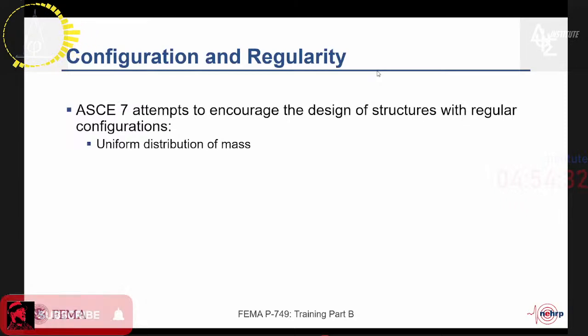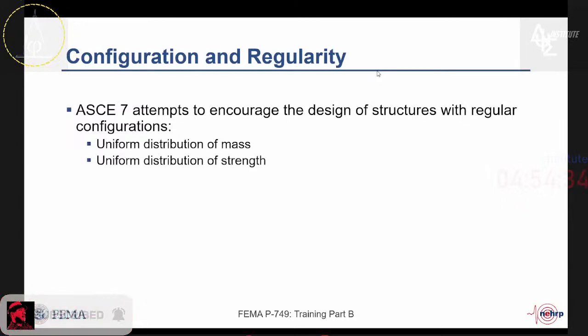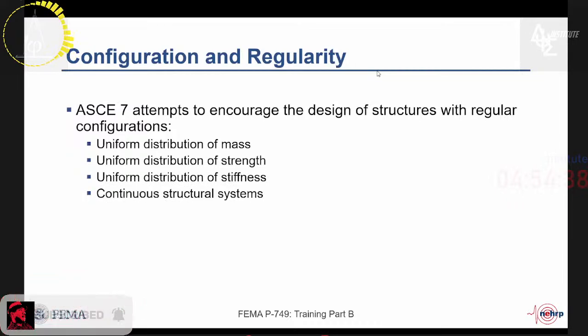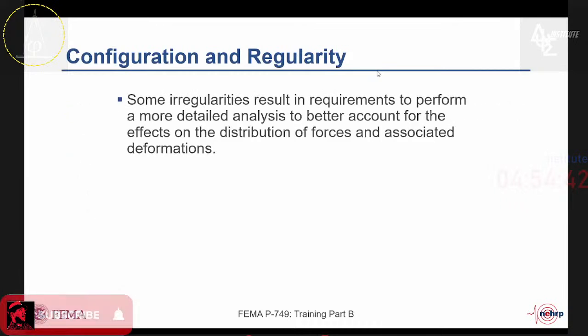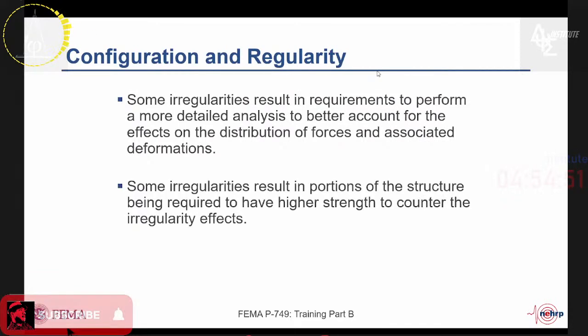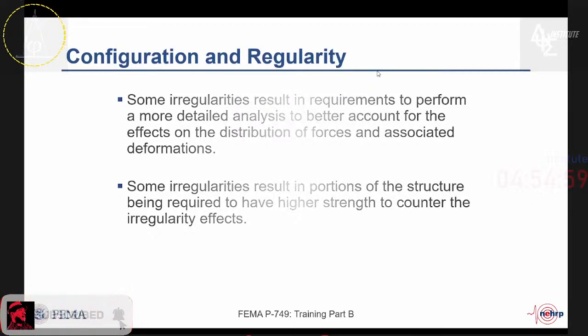Structures are regular if they have a uniform distribution of mass, a uniform distribution of strength and stiffness, and continuous structural systems and a continuous load path. Some irregularities result in requirements to perform more detailed analyses and also to design for larger seismic forces. Some irregularities, as I've said, result in portions of the structure having to be designed for higher seismic forces.